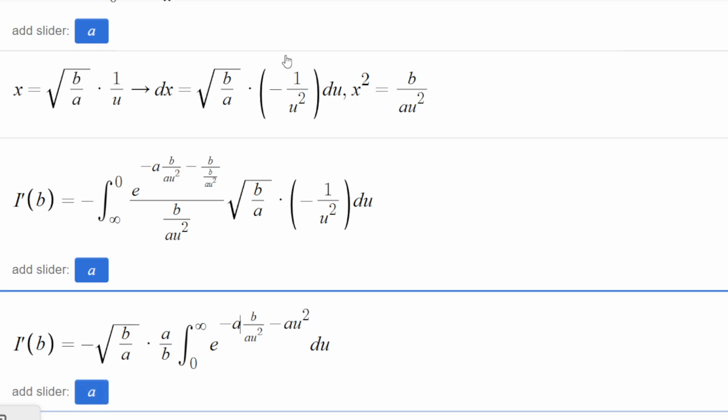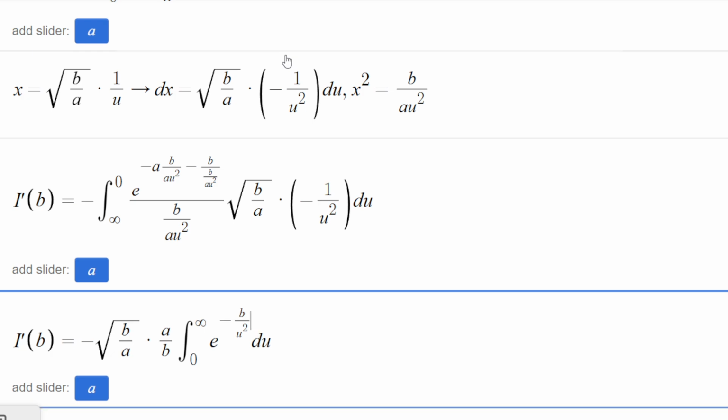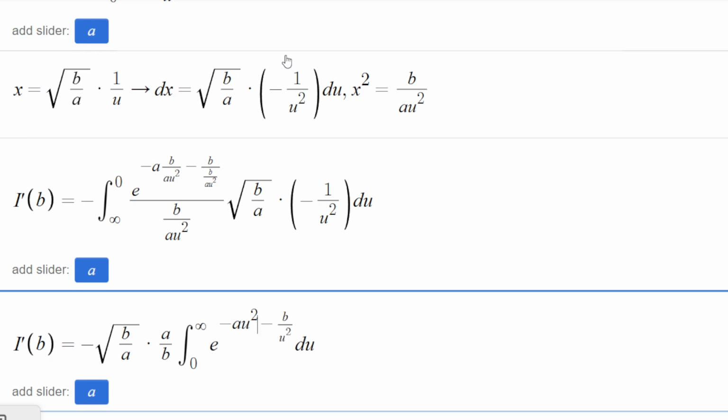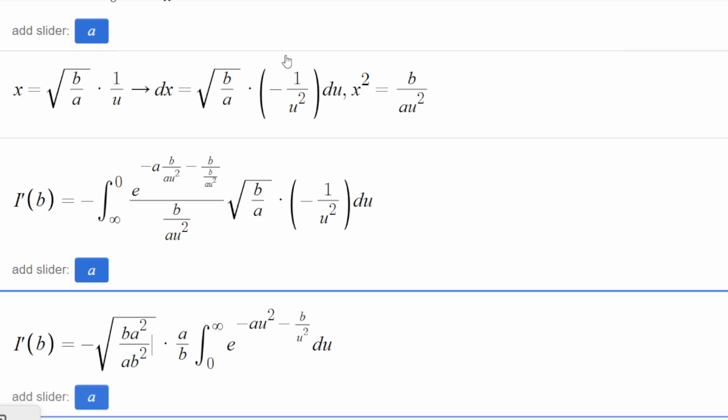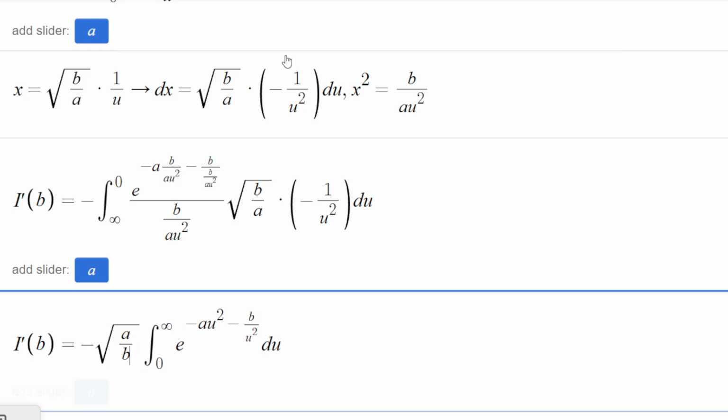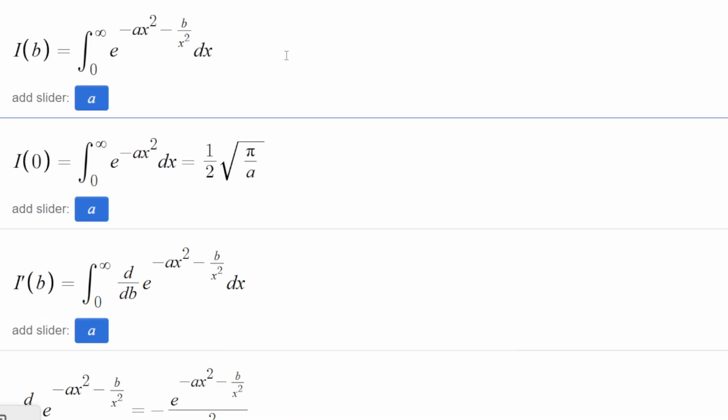This a cancels this a, and then let's put this as the leading term. This will come inside our fraction as an a squared over b squared. And now we can do some canceling. That a cancels this a, this b cancels this b, and we just have the square root of a over b times this. And now you'll notice this integral right here is exactly our I of b.